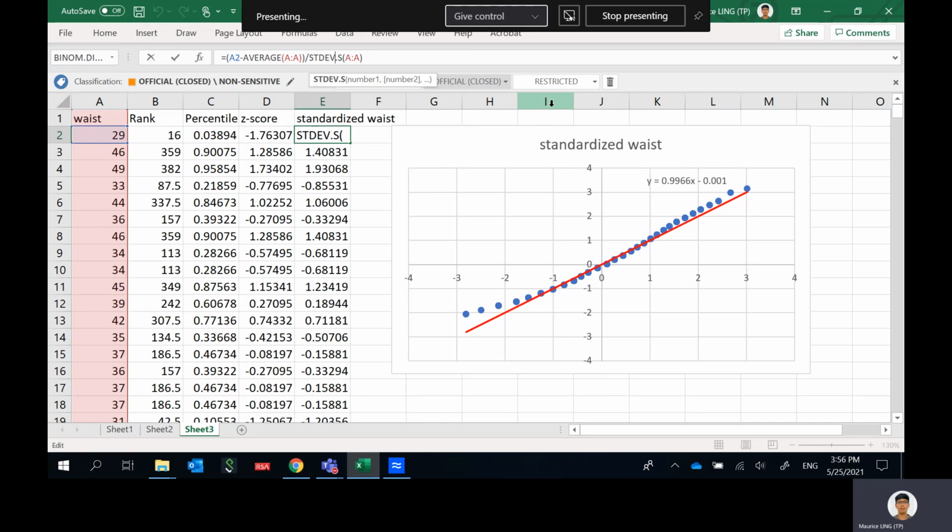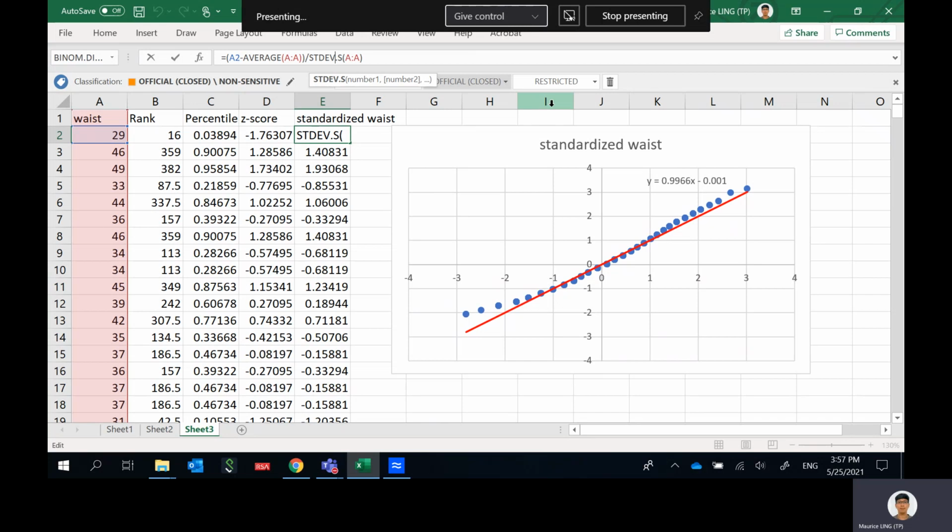Go down. Show equation on chart. This is equation on chart. Okay, so it fulfills both criteria. Roughly it is looking normally distributed.